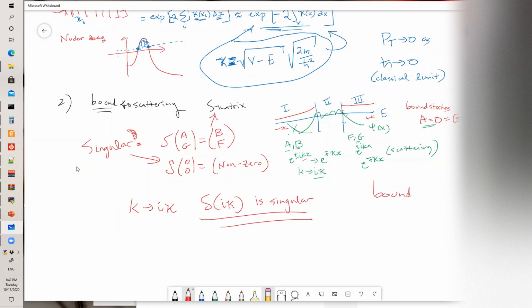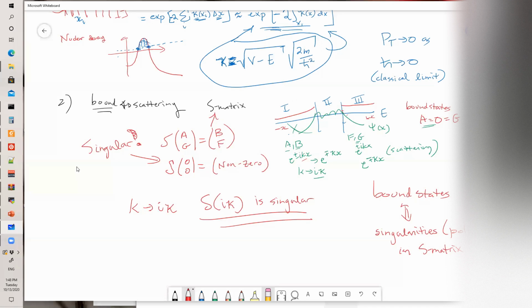Bound states correspond to singularities, in particular poles, in the complex analysis sense, in the S matrix.